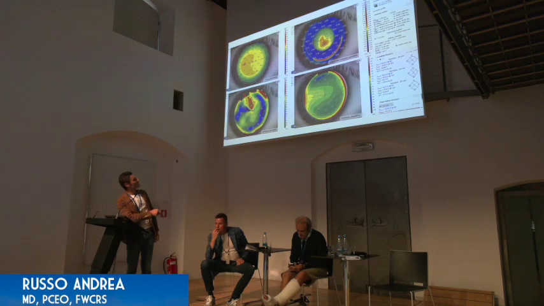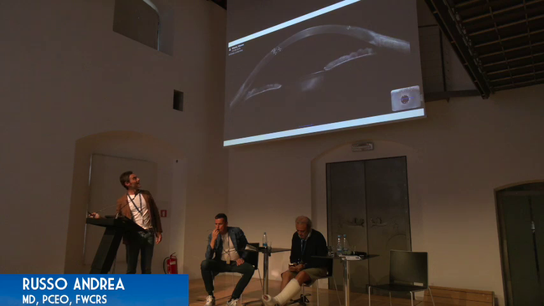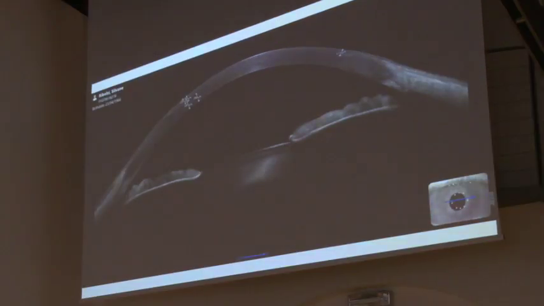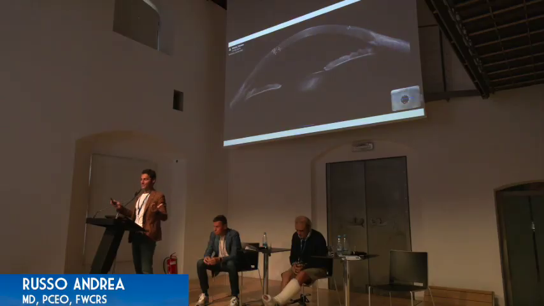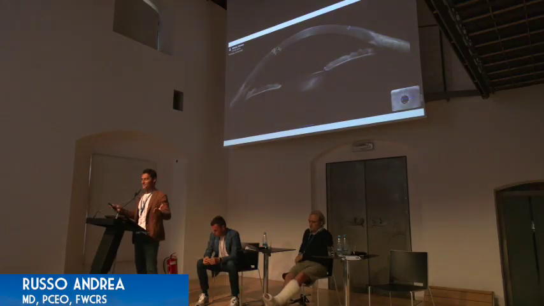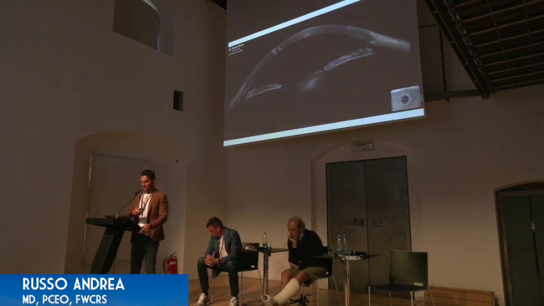So what to do? We wanted to do an enhancement, but once again, let me show you how useful the MS-39 is in these cases, because we knew the depth of the flap that we did years before, but now we need to take into consideration the regression, the refilling of the epithelium in the periphery, because you know that with the hyperopic treatments, we remove the stroma from the periphery, and there is now epithelium.